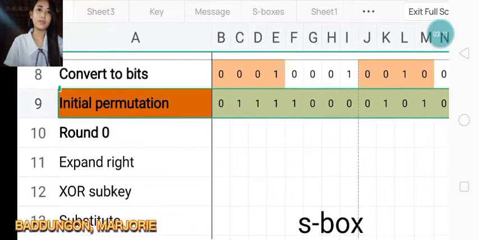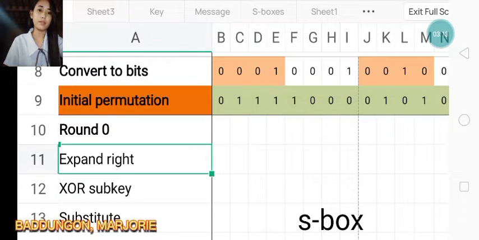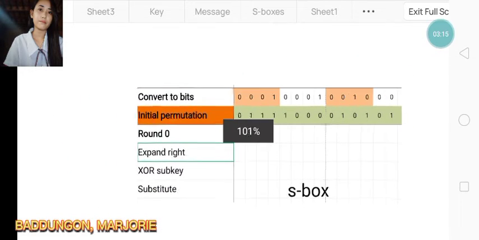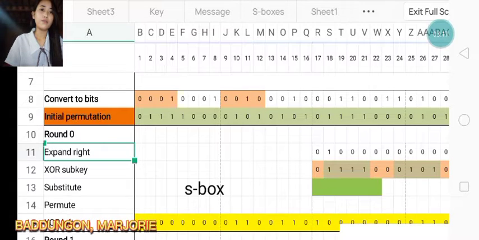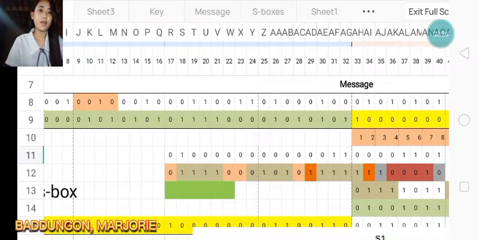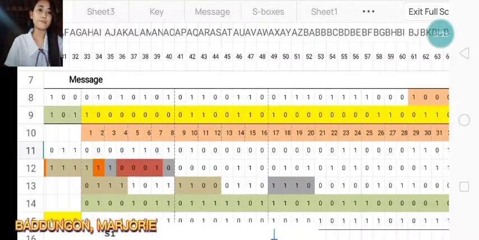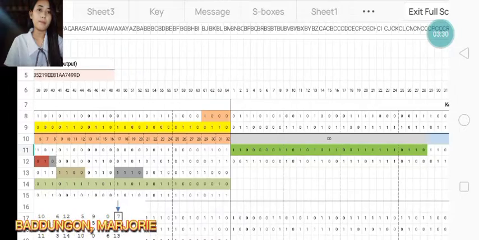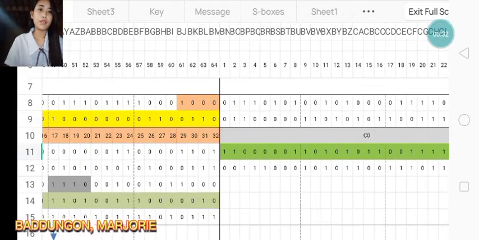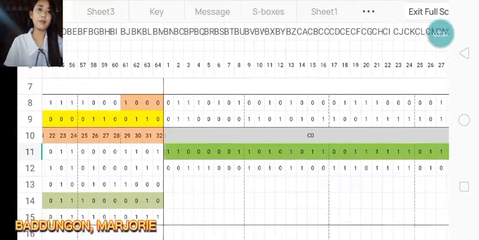So next is expand right. After doing the initial permutation, we only have a 15-bit binary. Next, we will be chopping it into half, the left and right.